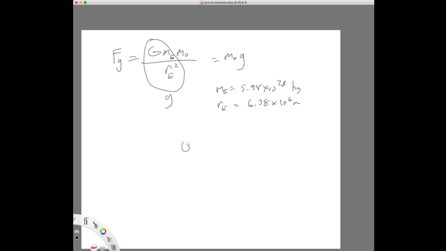So according to this calculation, g would have to be, plugging in all of these numbers, G times the mass of the Earth, which is the 5.98 times 10 to the 24, over the radius of the Earth squared.